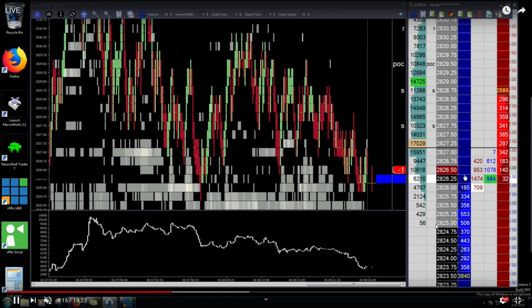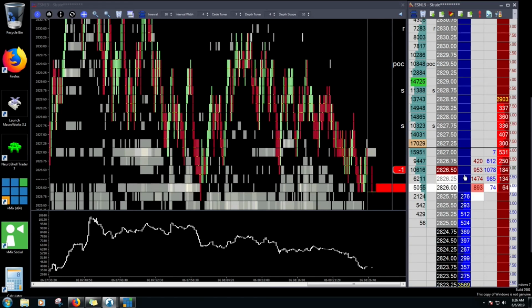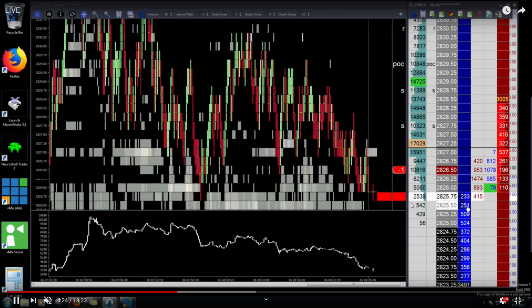So now we're back in this level. Now where am I going to take profits at? Why did I choose there? Because I'm front running the 509, and then you have another layer of defense, the 524, and then you have the 4051 tick behind that.